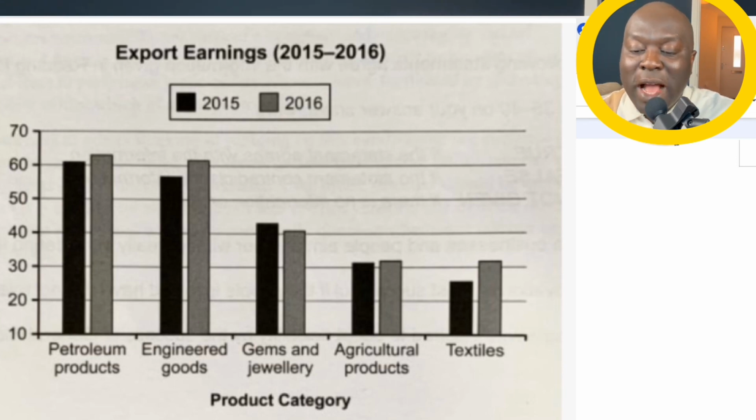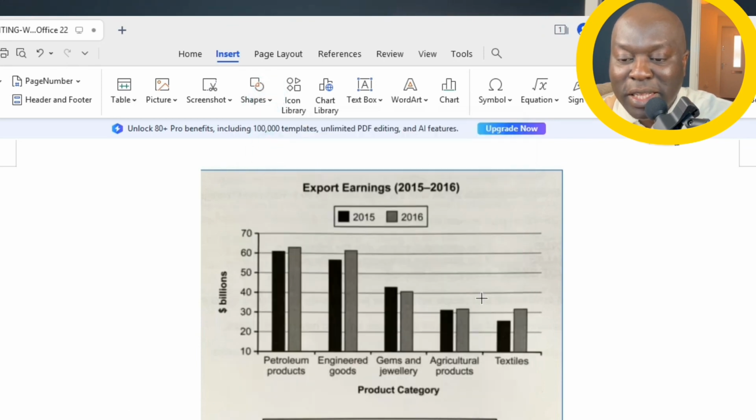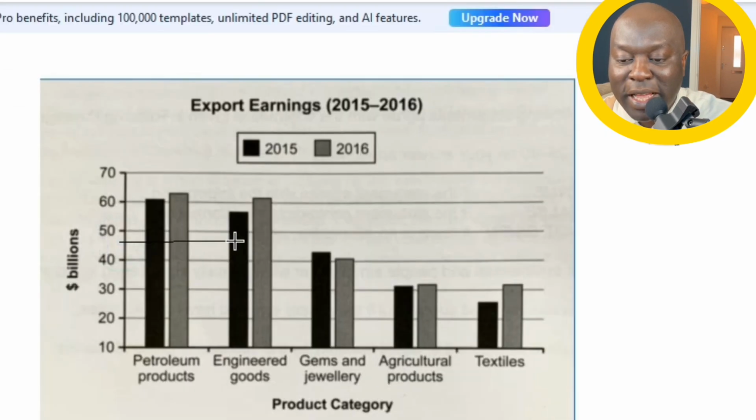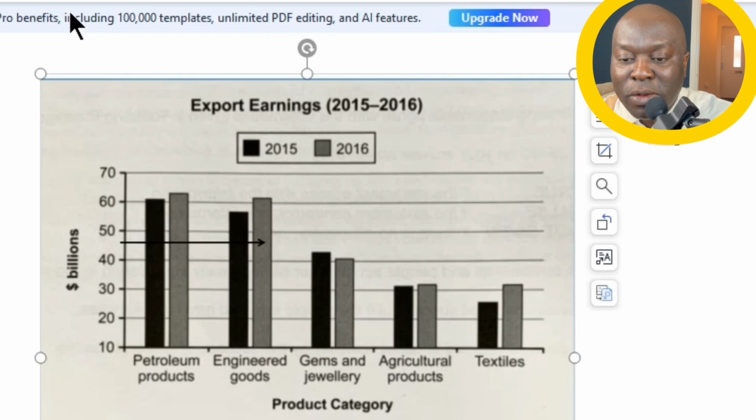So we are going to discuss these two together, and discuss these two here together. And then we'll discuss the rest of the three together.